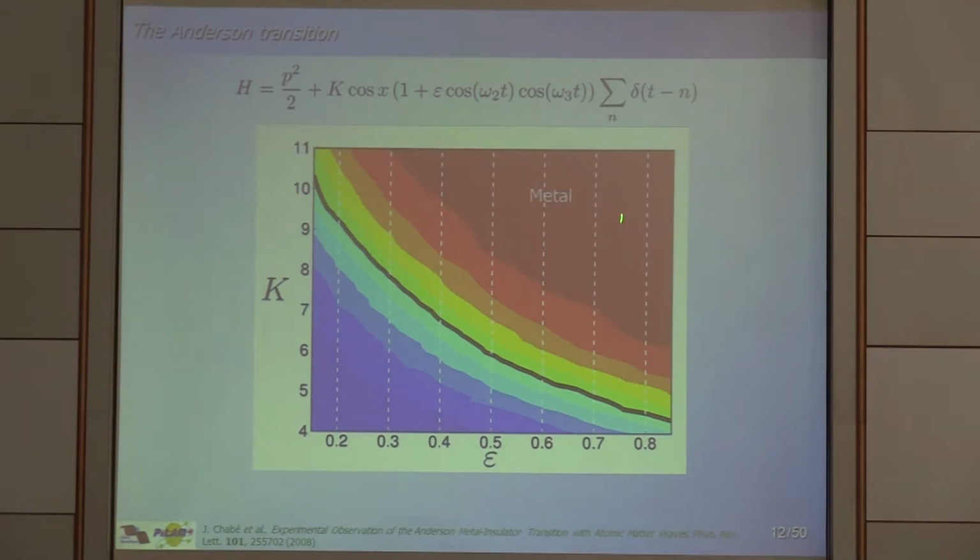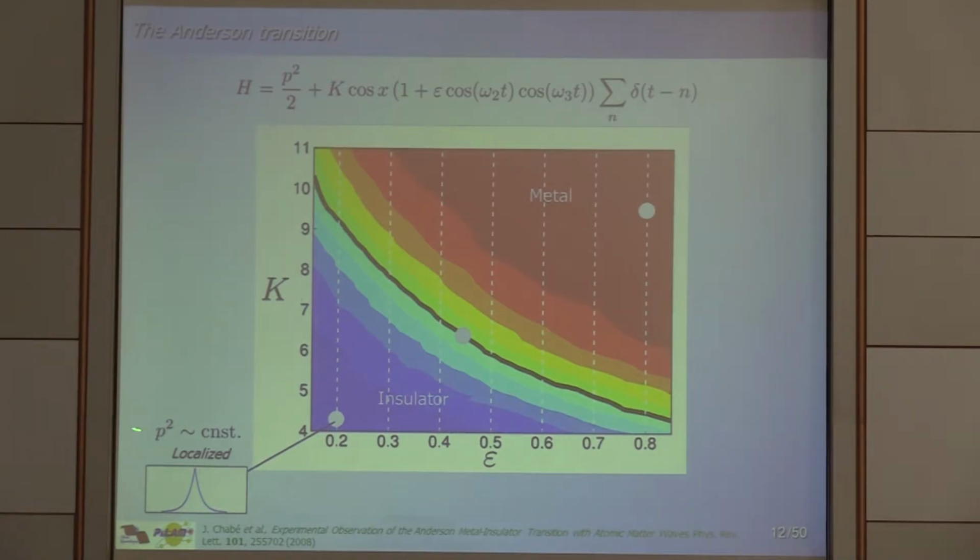Here you have diffusive states, metal, and here you have the insulator state, which is dynamical localization. And you can cross this transition experimentally, for example, by going from here to the transition and then to the metal region, okay?